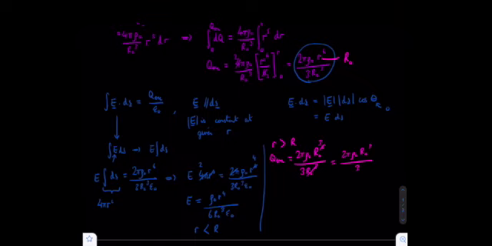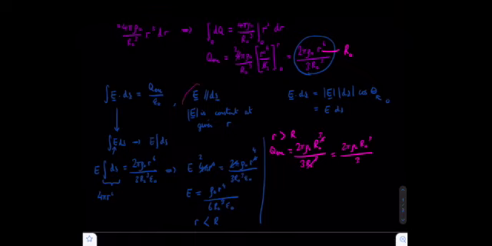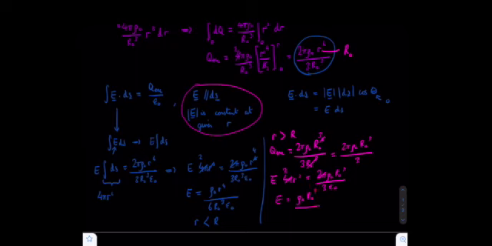over 3. Nice. And then we can apply Gauss's law. These points are still just as valid, and we can say that E times the surface, which is still 4 pi r squared, is equal to the charge enclosed, 2 pi rho naught r naught cubed over 3, over epsilon naught, and we can cancel some factors, and we get E equals rho naught r naught cubed over 3 times 2, 6 epsilon naught r squared.